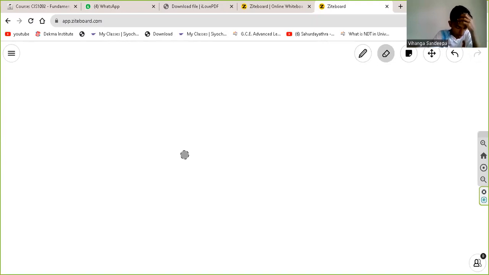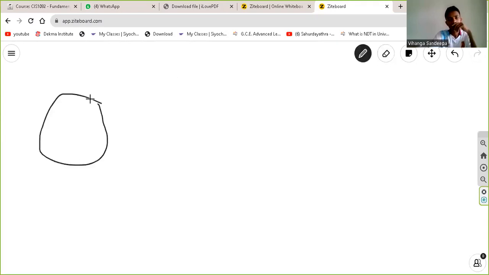Solid spherical glass ball of 21 centimeter radius is melted. So what is the volume of this sphere? 4 over 3 into pi r to the power 3, where r means 21, so 21 to the power 3.